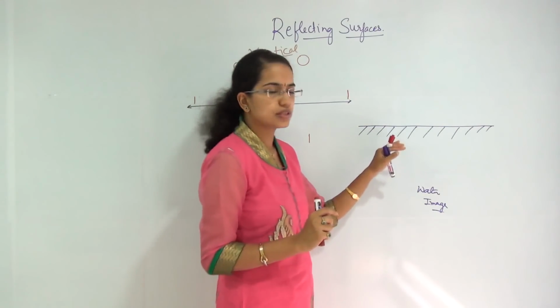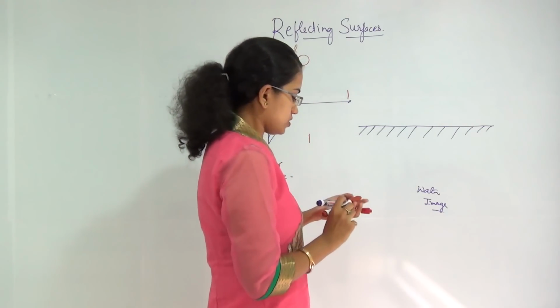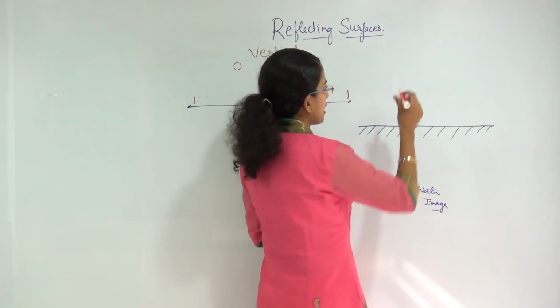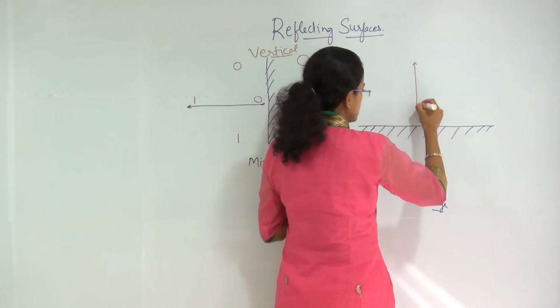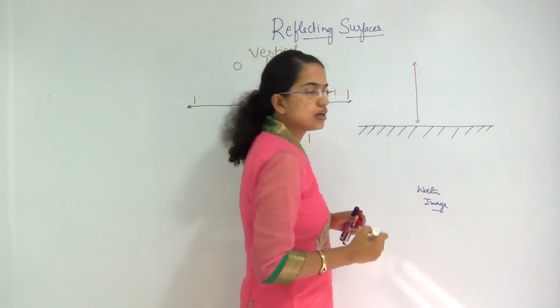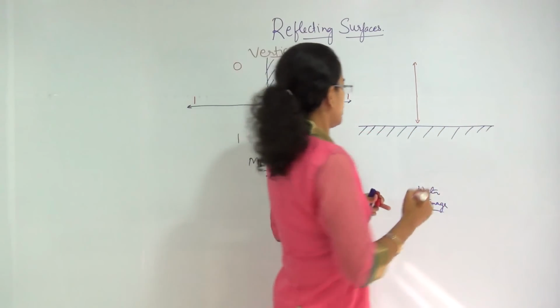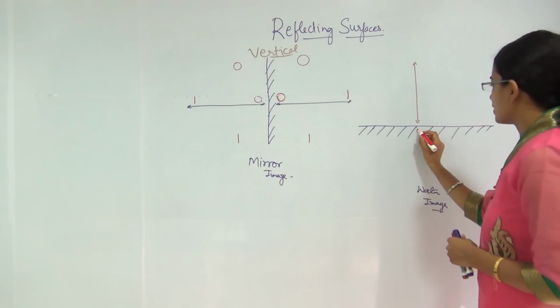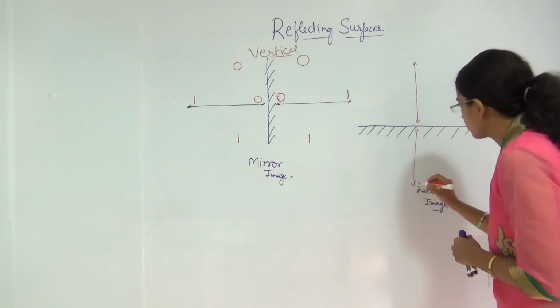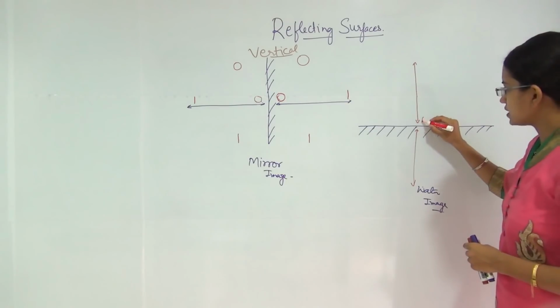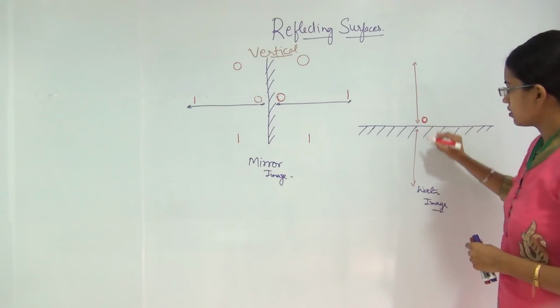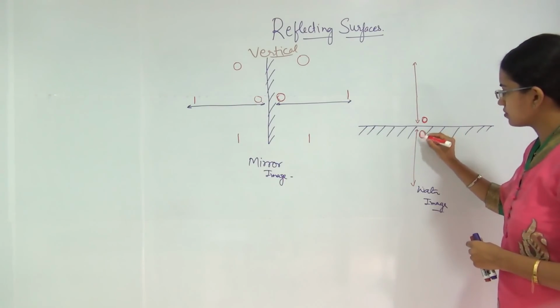Now let's talk about the horizontal plane. In the horizontal plane, the things change along the top-down axis. The circle which is closest here would again be closest here.